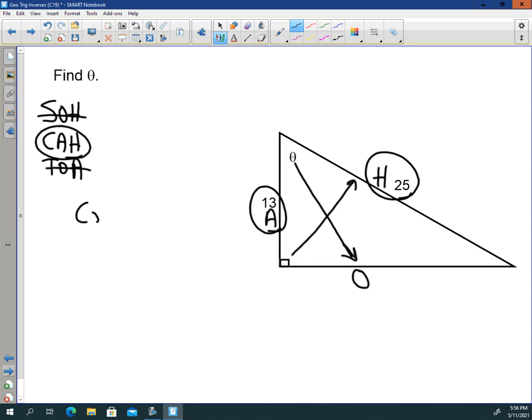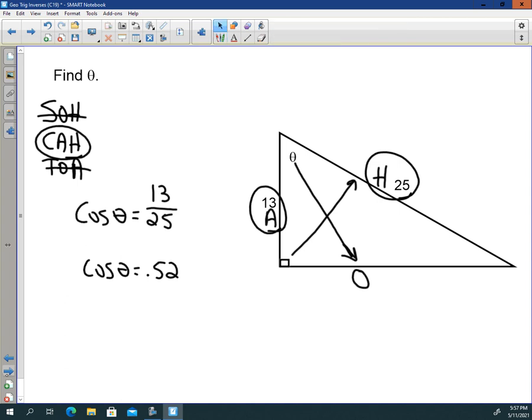The cosine of the angle is the adjacent over the hypotenuse. So let's start simplifying. The cosine of the angle is 13 divided by 25, which is 0.52. Now at this point, we could look up 0.52 in the cosine column of the table, or we could apply the inverse function.